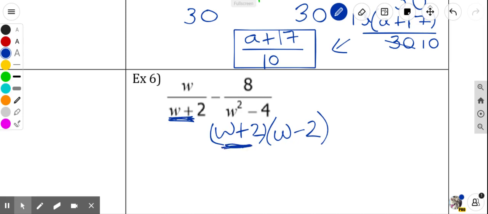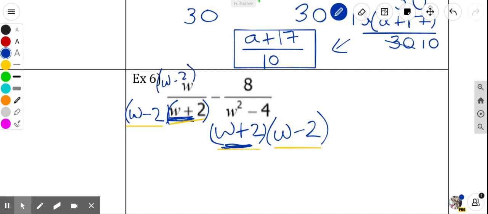But on the right side, we also have a w minus 2. So that means we have to make these denominators the same. We're going to multiply the left one by w minus 2. And that would make the denominators have the same things. So now see how we have w minus 2, w minus 2, w plus 2, w plus 2. That's what you want. You want your denominators to be the same. Since I multiplied the left by w minus 2 on the bottom, I have to multiply the top by that also.